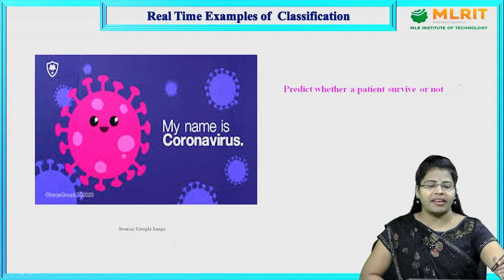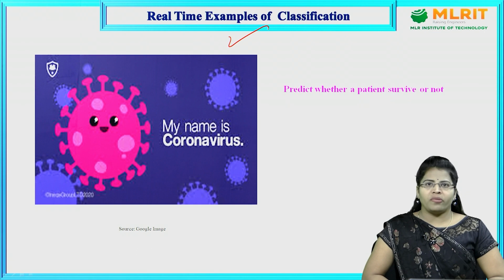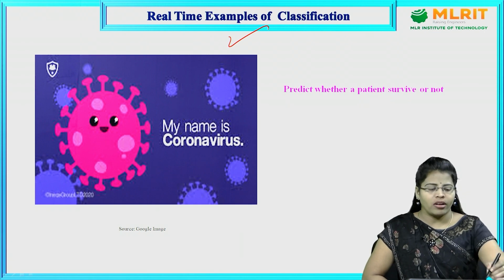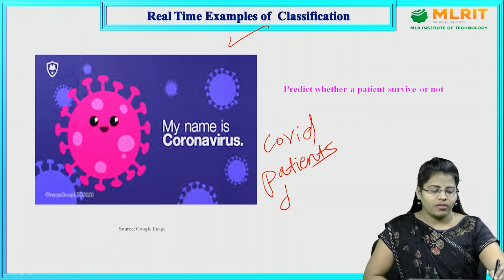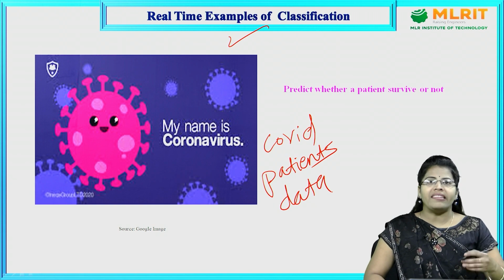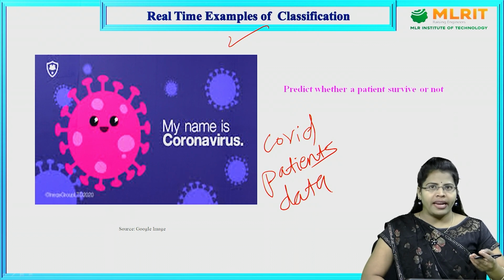The next real-time example of classification is, suppose a hospital provides the data of COVID patients. The model is trained on that particular data with the help of a machine learning algorithm.